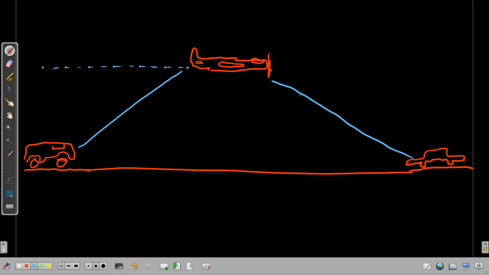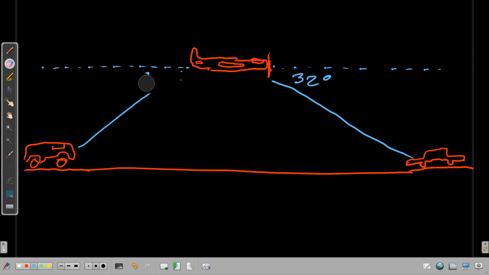Since the airplane is in level flight, the angle of depression to one of the cars is 32 degrees and to the other one is 51 degrees. How far apart are the two cars?